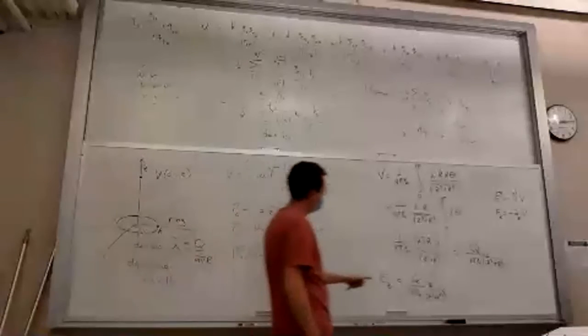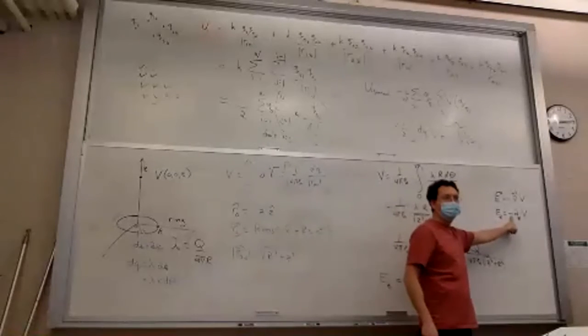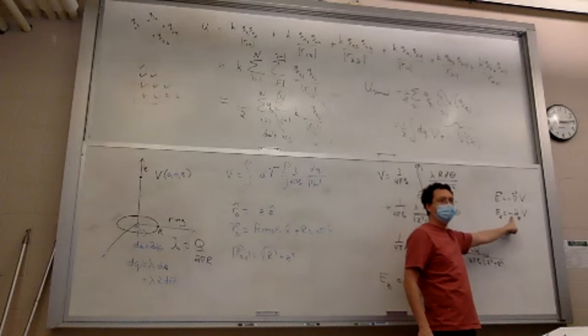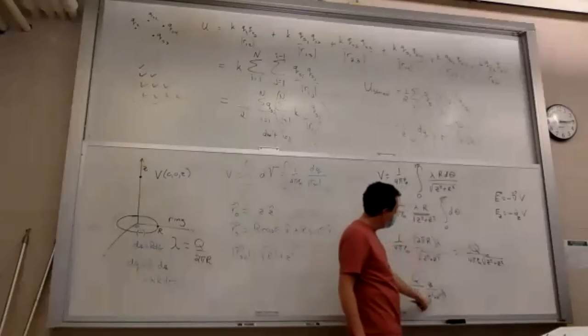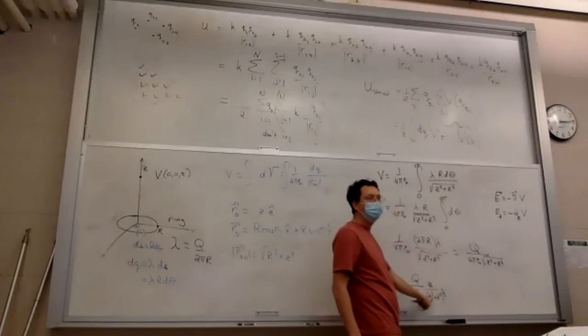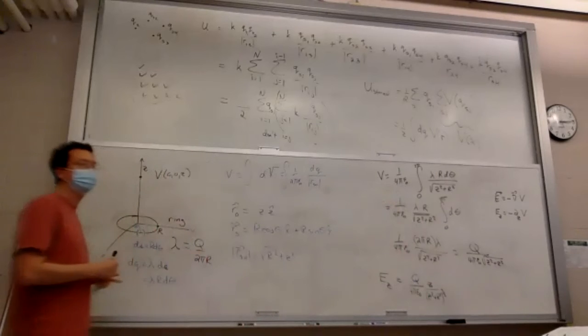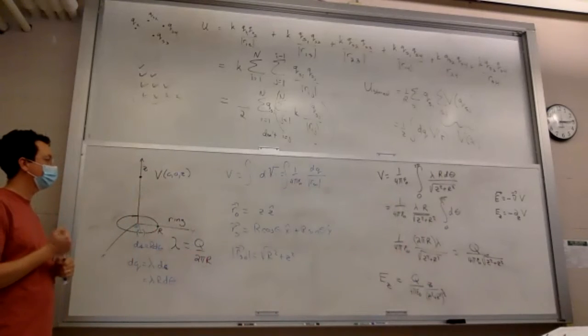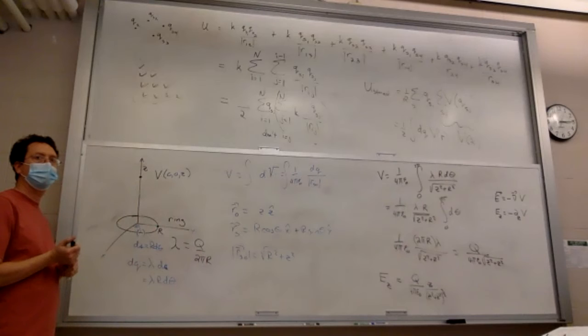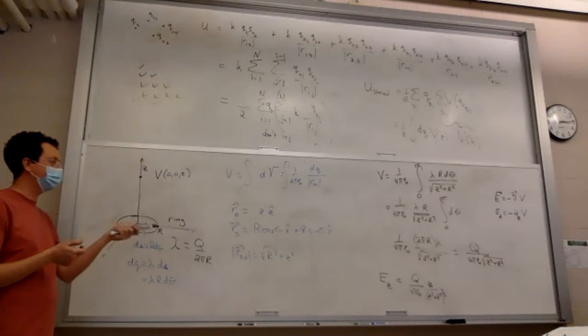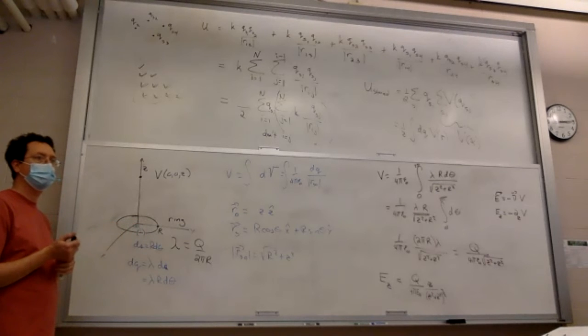Yeah, and then there's a chain rule. The minus sign goes away because it's minus the gradient that gives you the electric field, so it's a double negative. Then you have a chain rule, which gives you a 2z in the numerator, which cancels the half. So make sure you can do that. Give me a thumbs up if you're able to get that exact same derivative to work out.